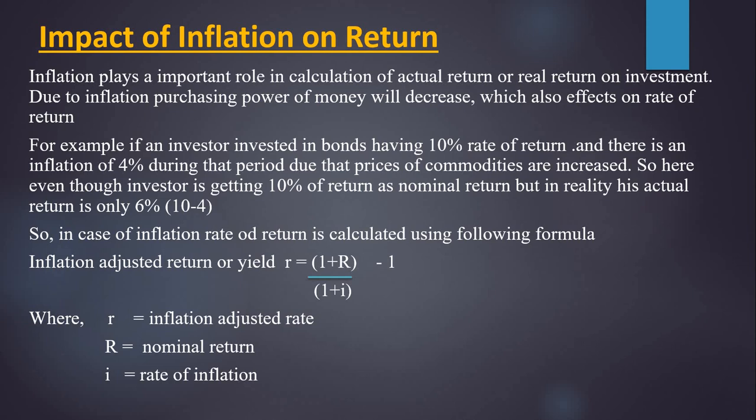For that we use one formula showing how inflation affects the return. Inflation adjusted return or yield: r is equal to (1 plus capital R) divided by (1 plus I), minus 1, where small r is the inflation adjusted rate, capital R is the nominal return, and I is the rate of inflation.